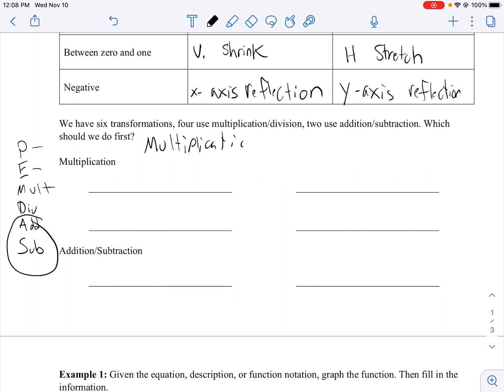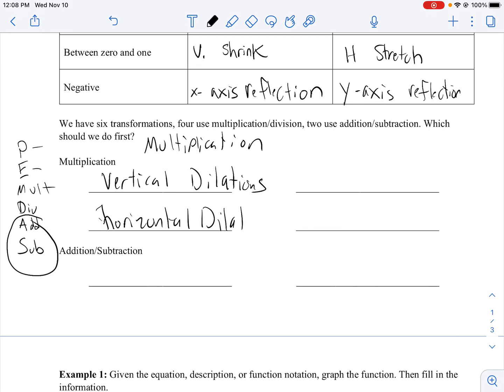Multiplication. All right, so we have 6 main transformations that we use when we're describing transformations, right? You have your vertical dilations, so both your stretches and your shrinks. You have your horizontal dilation, so again, stretches and shrinks. Okay, and then you have your reflection, so your x-axis reflection and the y-axis reflection.